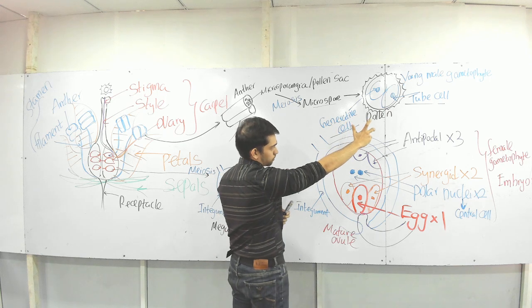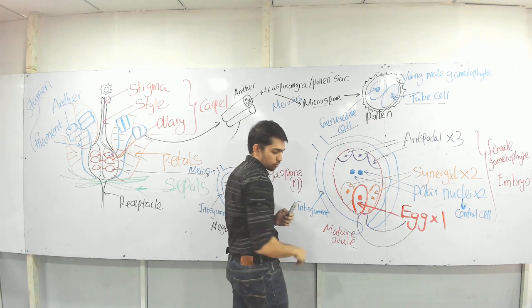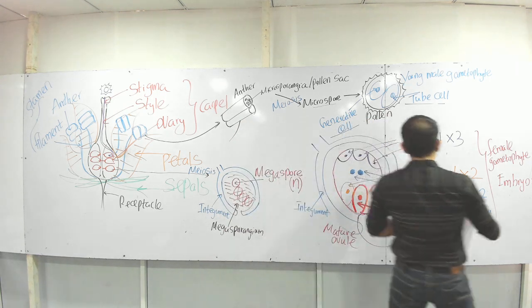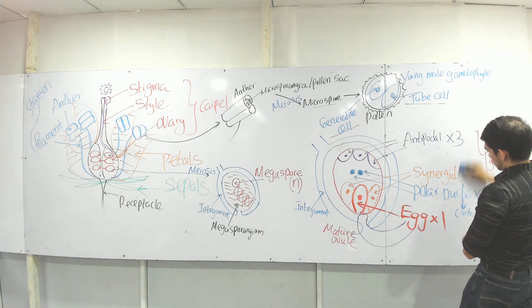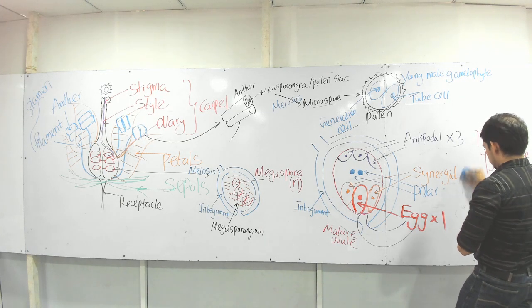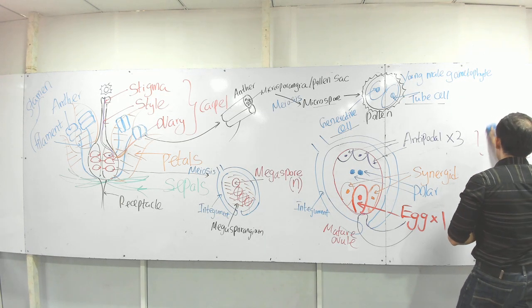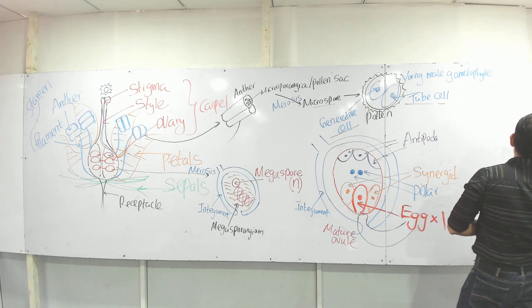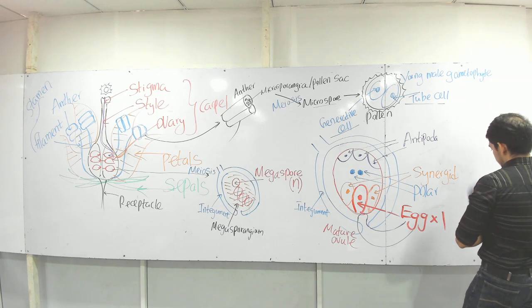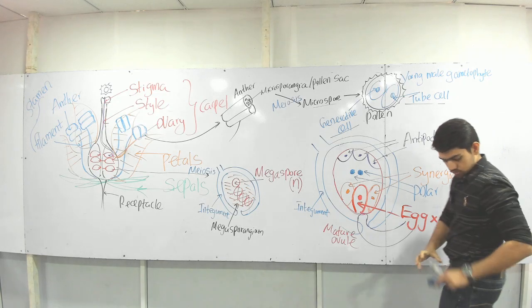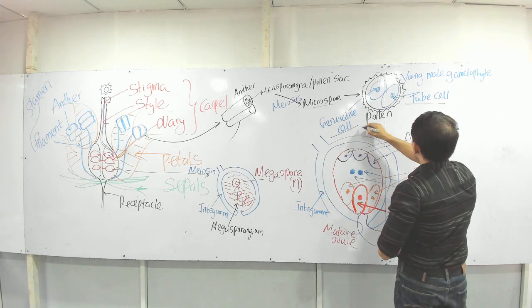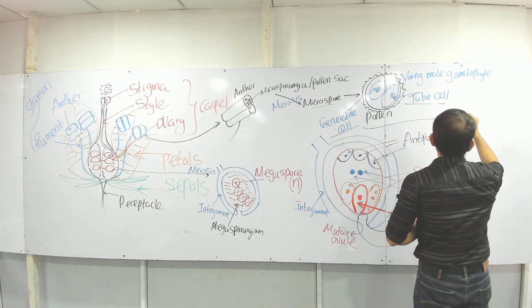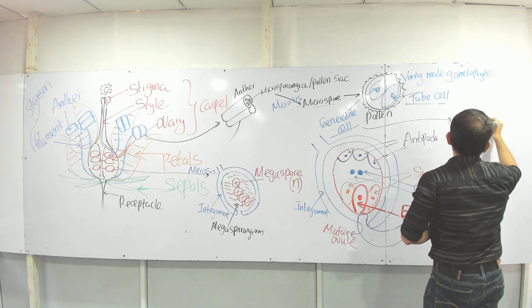I'll erase this side, right? Generative cell divides into two sperm.